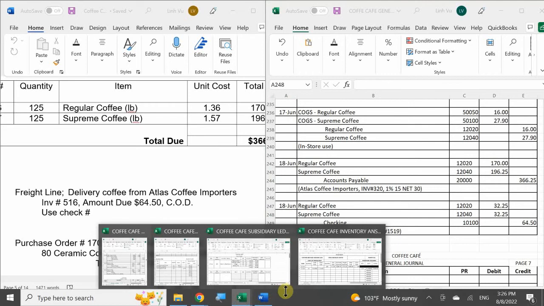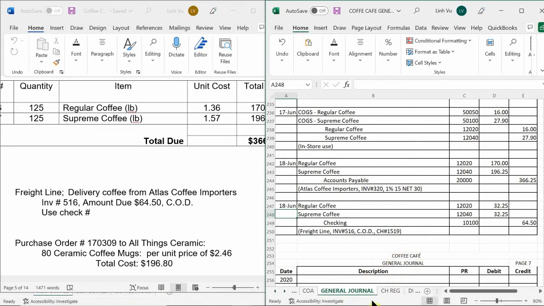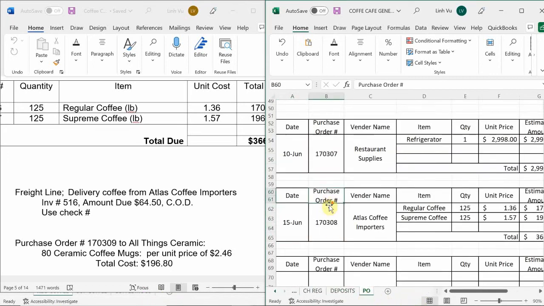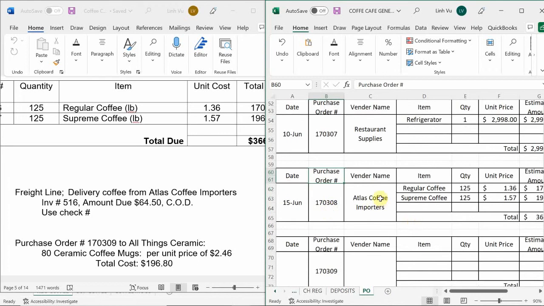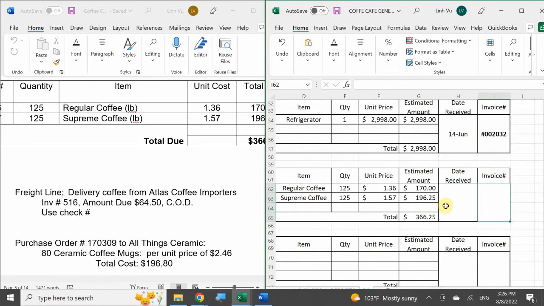Actually, before you do that, let's go ahead and do your purchase order first so you don't forget at the end of the day. So purchase orders, because we received our coffee. In this case, purchase order number 308 for the $366.25.